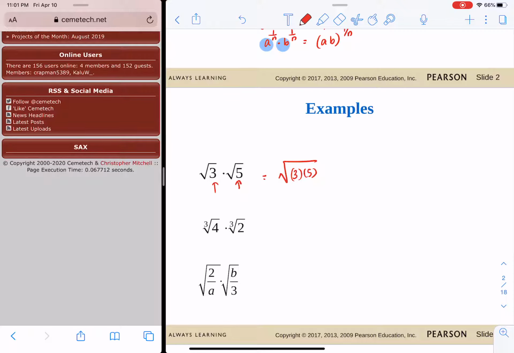A is 3 and B is 5, but identical roots. So that would simply give us square root of 15.